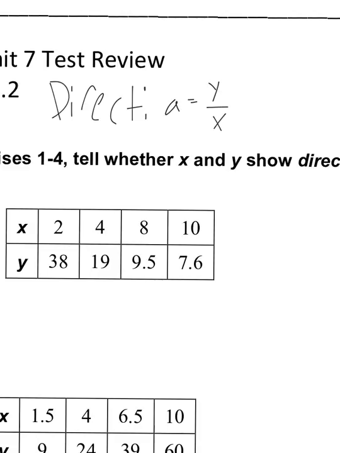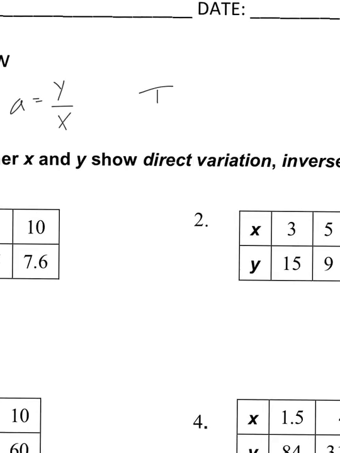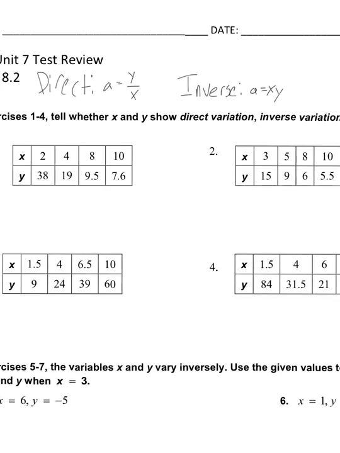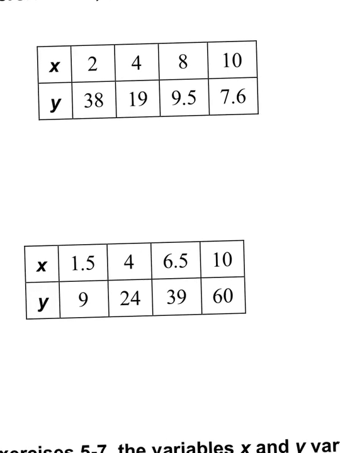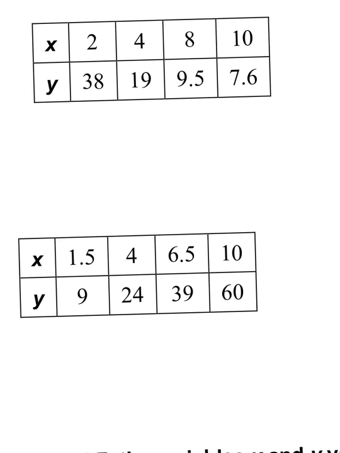And if it's inverse, you multiply them together, x times y or y times x, it doesn't really matter. So I'll say a equals xy. I'm going to test those two things, and if it's not the same number over and over again, then we'll say it's neither.